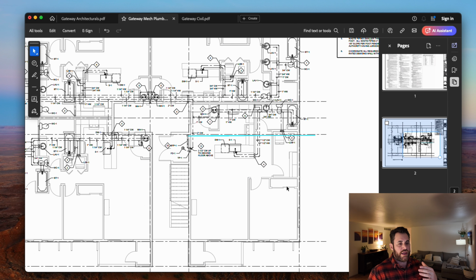In this sheet, I know that plan north relative to the architectural and the civil sheets is on the right side of this page because of where the stairwell is. So the assumption is that the water line is going to come in over here to the right where I marked in blue and presumably stub up underneath the slab into this mechanical room.